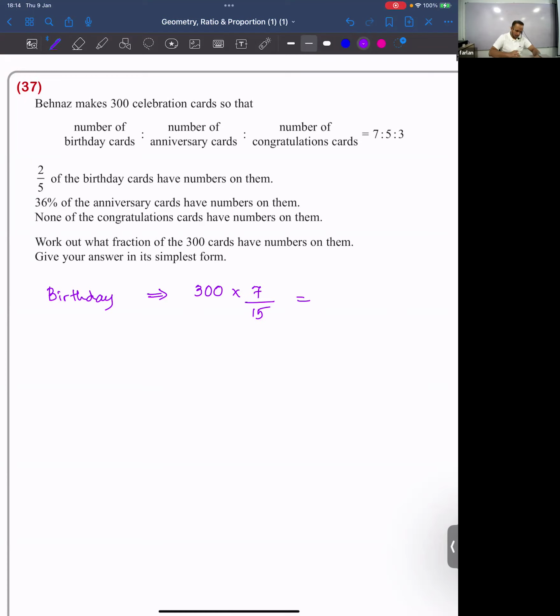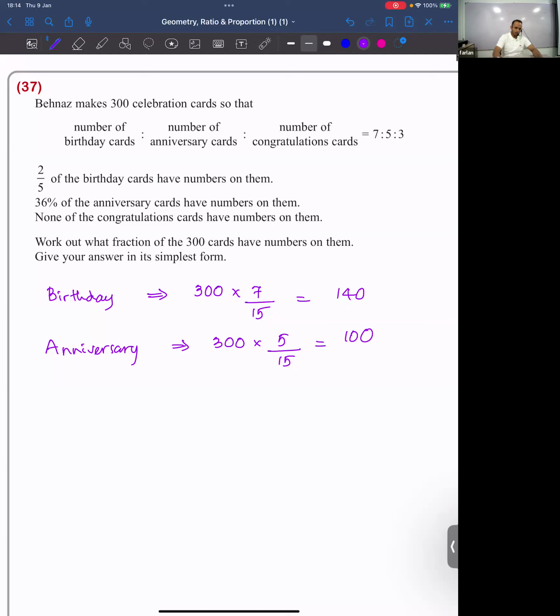So the number of birthday cards is 300 into 7 over 15. That is 140 cards. Then the anniversary cards. We have 300 into 5 over 15. That is 100 cards.